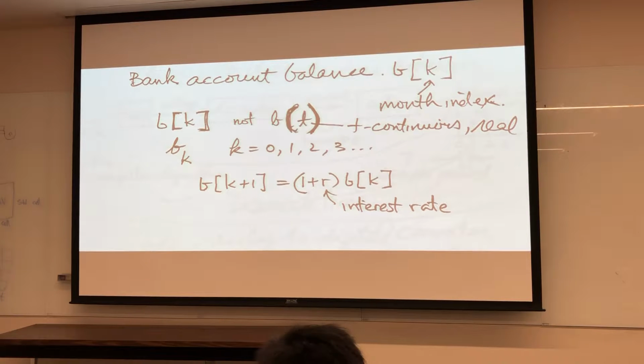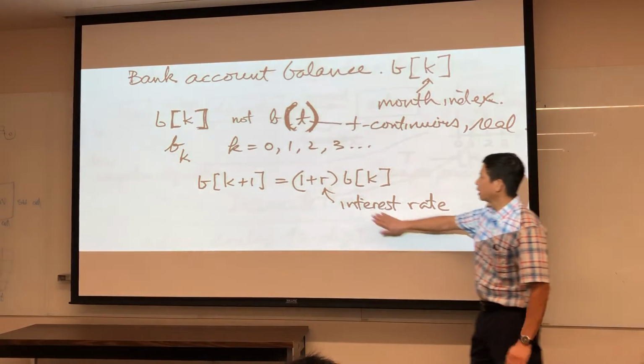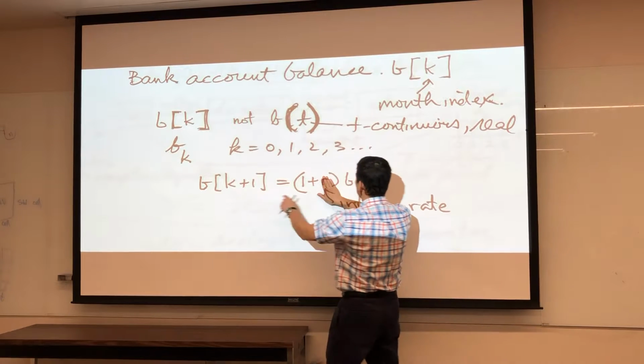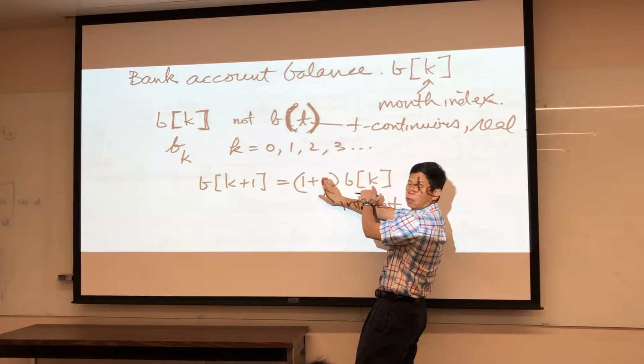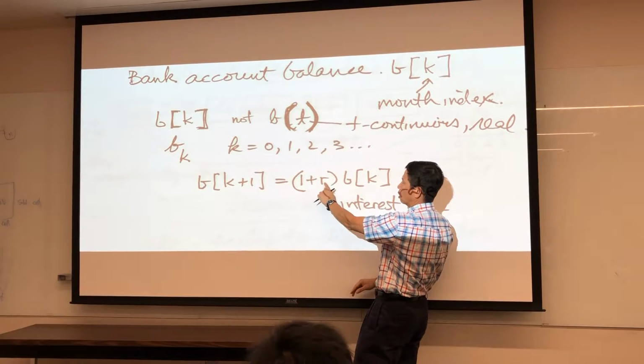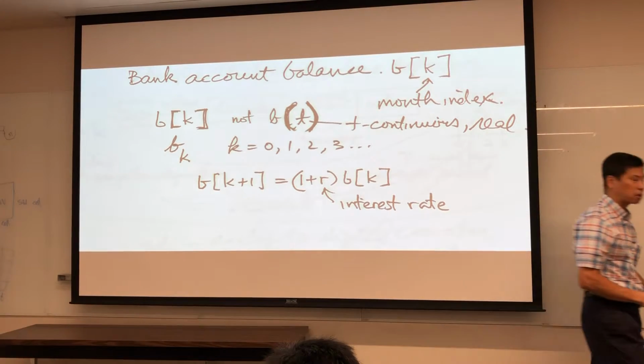So it says that in the absence of interest, what I get next month is the same as what I got this month. But hopefully I'm saving in an interest-bearing account, and so it's growing by the interest rate. Now in this day and age, the interest rate is not very large.